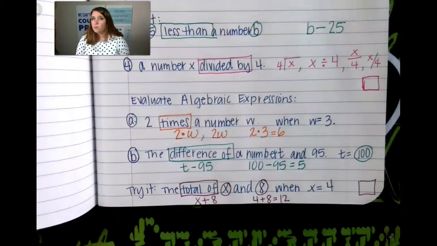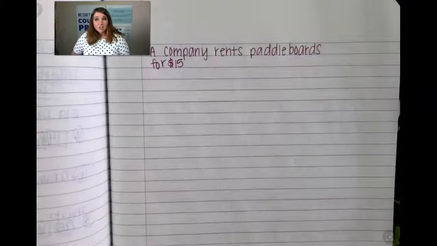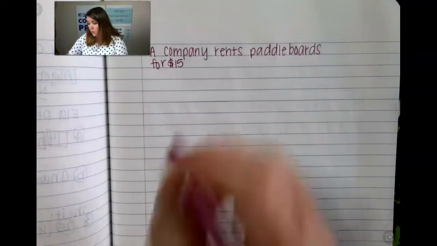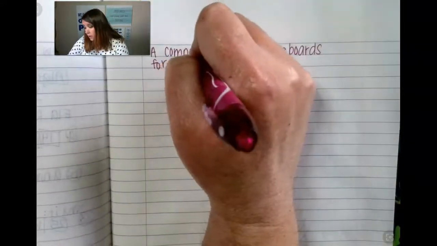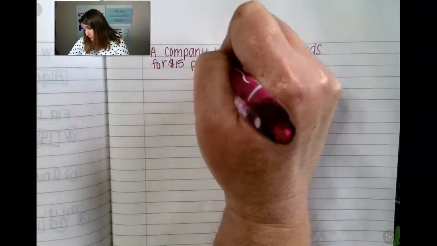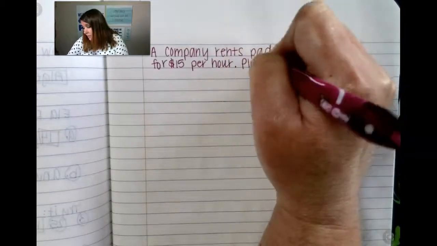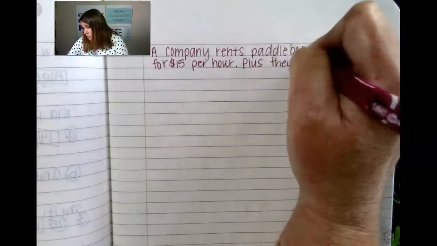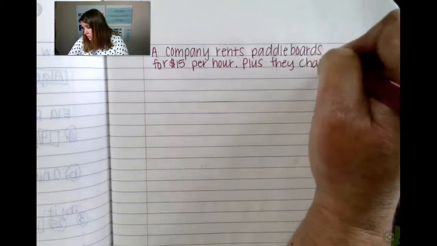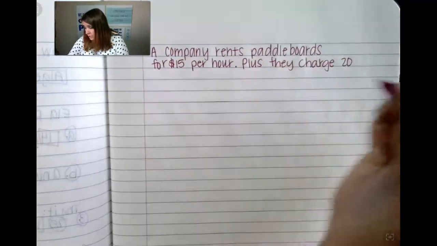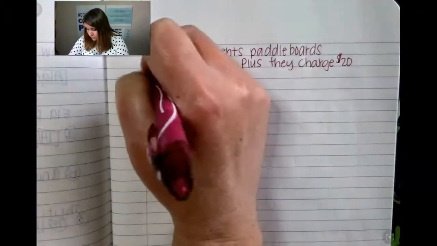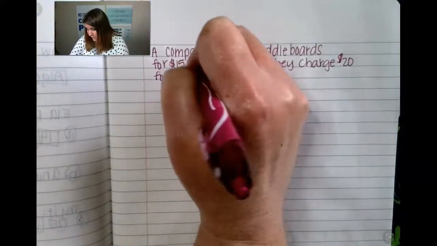Get ready for a real world problem. Okay. Algebra in the real world. Here we go. A company rents paddle boards for $15 per hour, plus they charge $20 for a deposit.